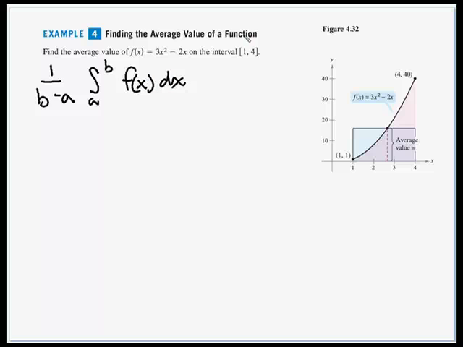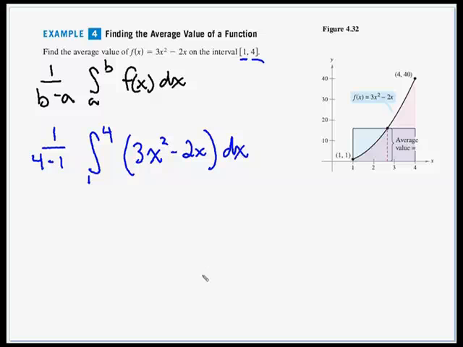So let's put this information that we were given into this format. Our integral is going to be from 1 to 4. That is our interval, 1 to 4. That also tells us that our fraction out front is going to be 1 over b minus a, or 4 minus 1. Our function is 3x squared minus 2x, and dx.